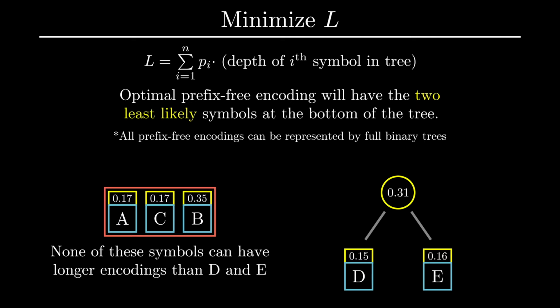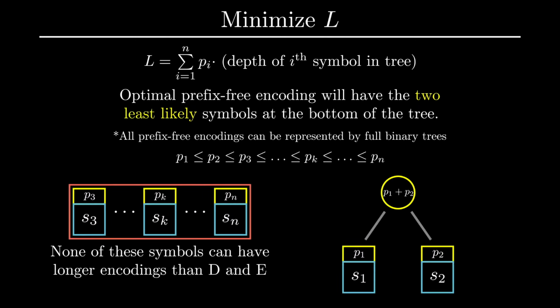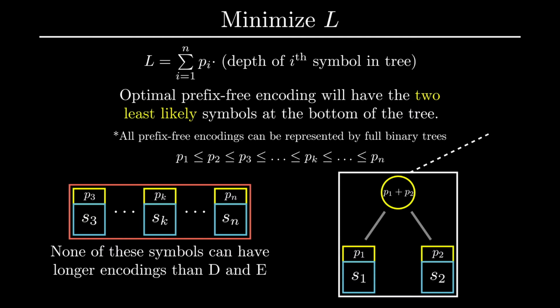But this is powerful. What this implies in general is that given any set of symbols, we can take the two least likely symbols, create an internal node that's the sum of their probabilities, and this subtree is guaranteed to be part of the optimal tree. Now the question is, how do we construct the rest of the optimal tree?